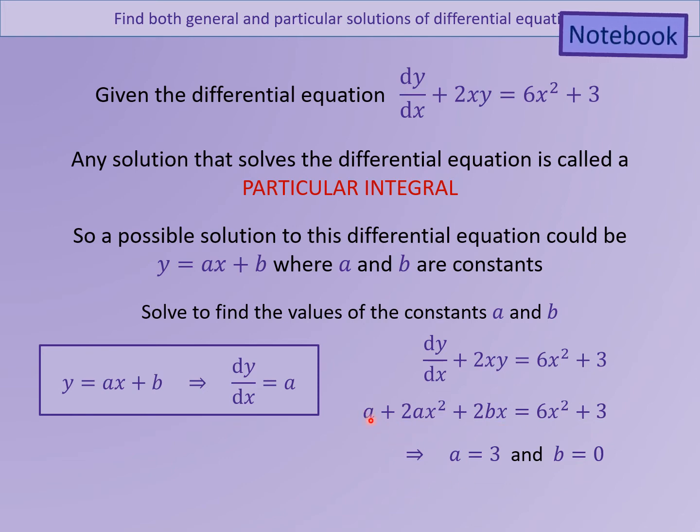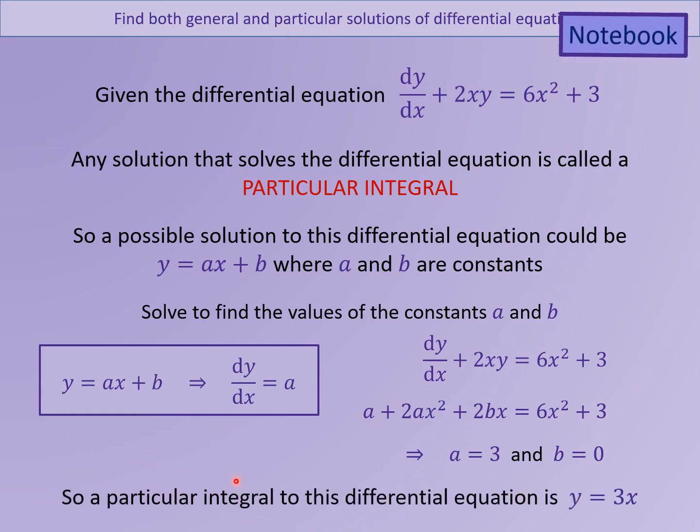And also notice that the number on its own, the 3, fits as well. So we can see that this would be a particular integral. A particular integral that works in this case is y equals 3x. Okay, there may be others, but this is definitely one particular integral that works, and I only need one.